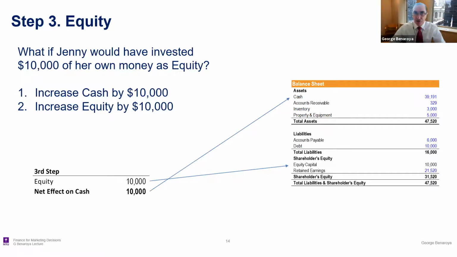So imagine that when she started her business, she invested $10,000, which we will call equity. So what we will do on the balance sheet is to increase cash by $10,000 and to also increase our equity capital by $10,000. And the numbers still tie.